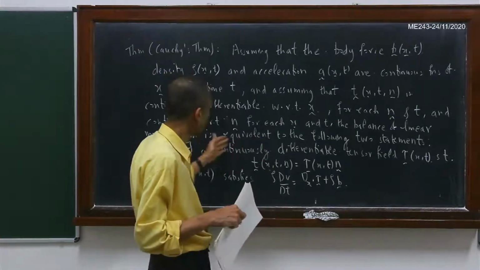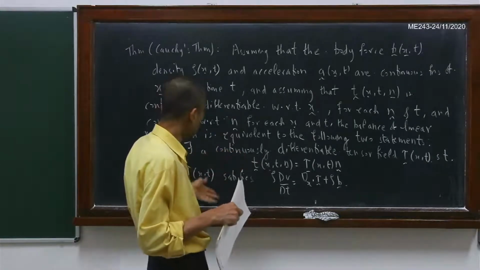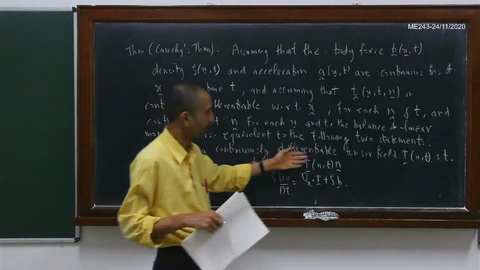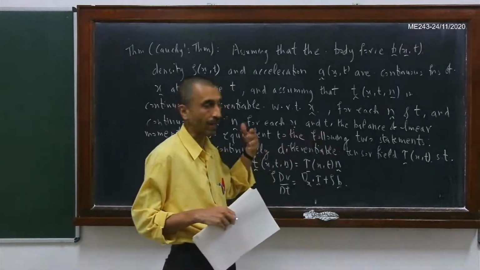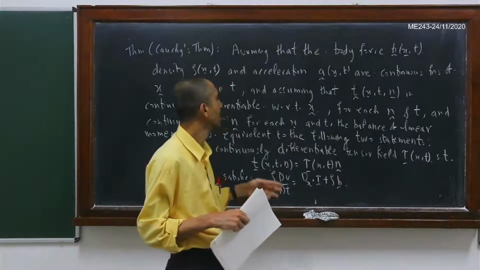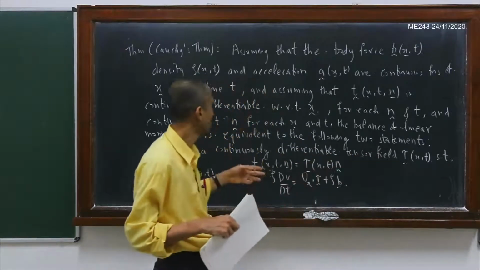The balance of linear momentum is equivalent to the following two statements. There exists a continuously differentiable tensor field tau, meaning tau is continuous and its derivatives are also continuous. This is the Cauchy stress.